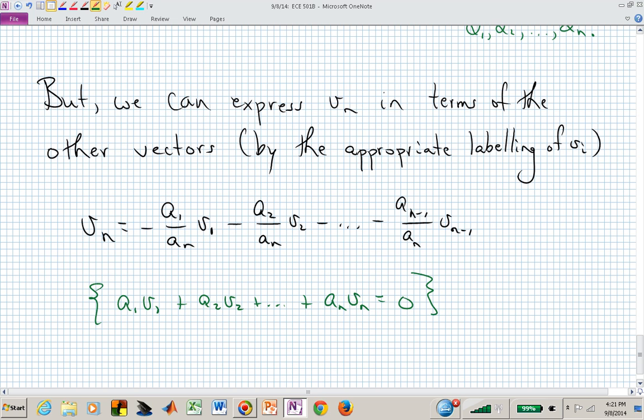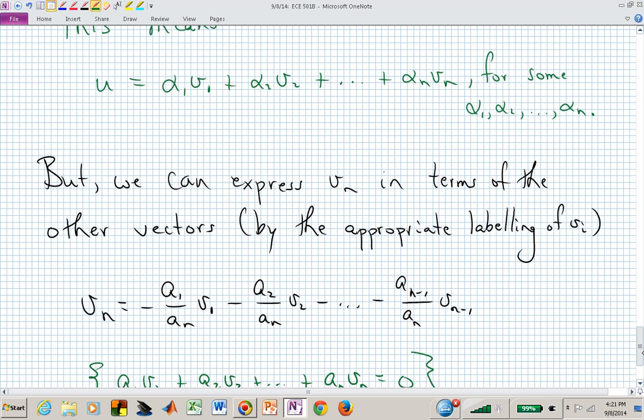Now, if we know that v sub n can be expanded in terms of the first n minus 1 vectors, then in our expression for u, if we replace v sub n with what we've just done, now we've expressed u in terms of how many of the vectors? N minus 1.